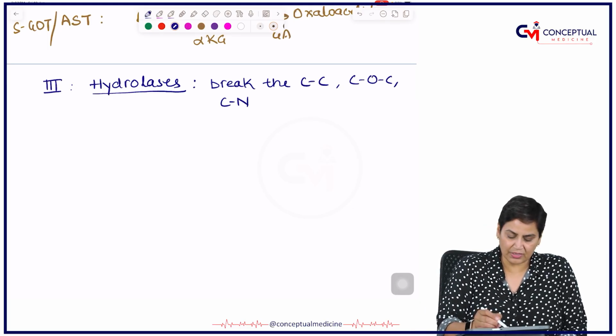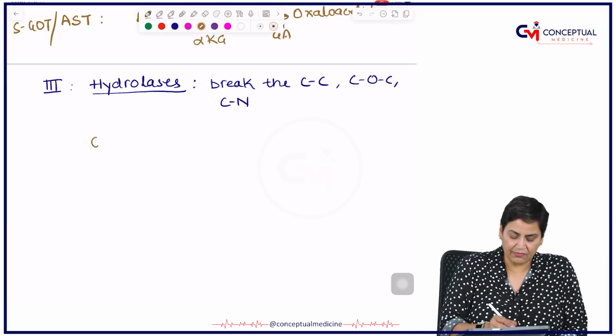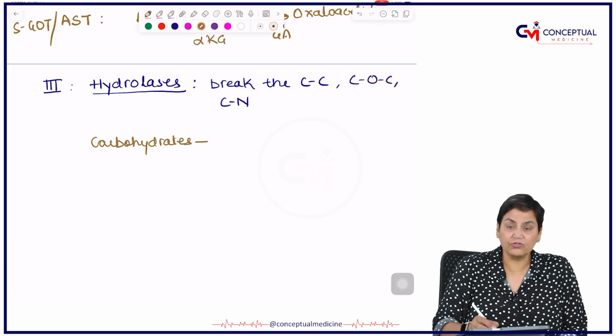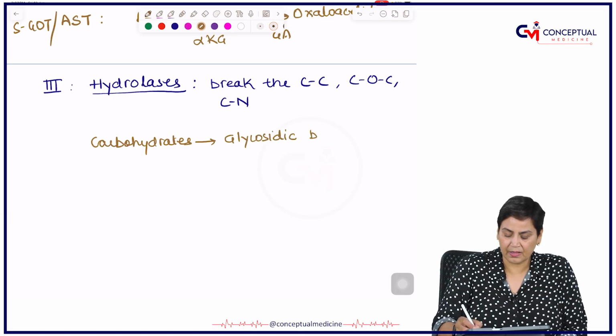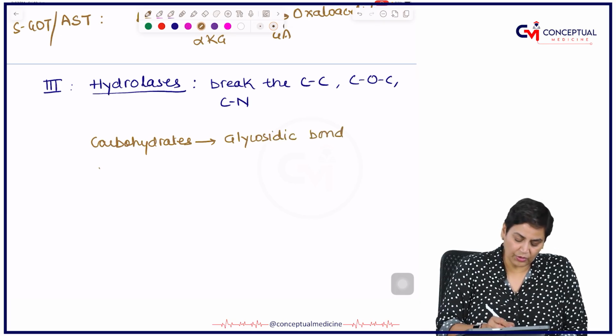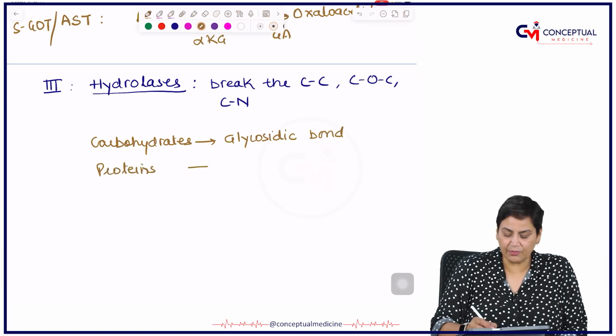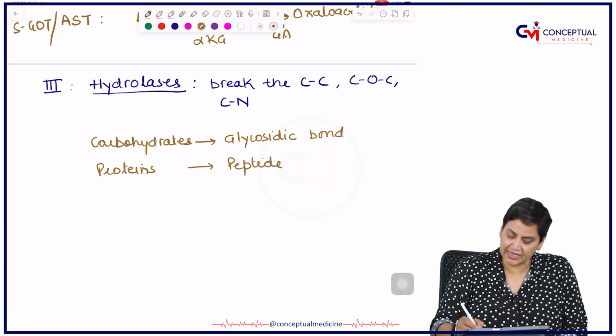And if we hydrolyze the carbohydrates, which bond will be broken? Glycosidic bond will be broken. If we talk about proteins, peptide bond will be broken, which is the basis of all the digestive enzymes.